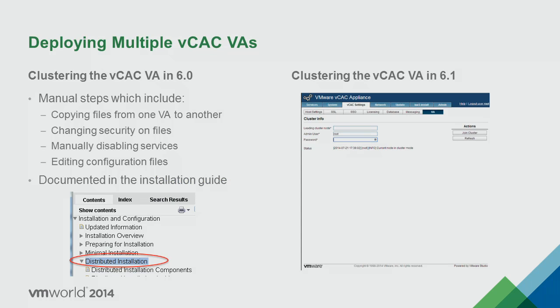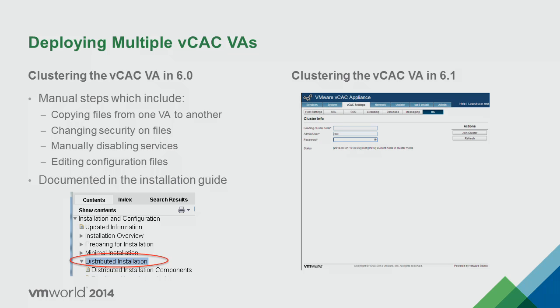Also, I wanted to touch a little bit on the differences between deploying multiple vCAC appliances between 6.0 and 6.1. With 6.0, it's a fairly manual process that involves copying files between one appliance and another, changing ownership on those files, and making some configuration settings in some configuration files.